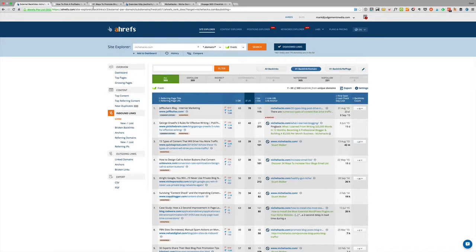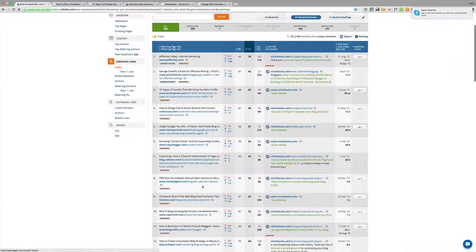Now, if we remember from our analysis earlier, we know that Stuart has a lot of nofollow links, and we're not going to really focus on trying to build these kind of links. Nofollow links, they do help a little bit, but it's not the kind of links I want to focus on a lot. But basically, I can see that he comments a lot. He drops a lot of blog comments on Quicksprout, on Unbounce, on Niche Pursuits, and all these places.